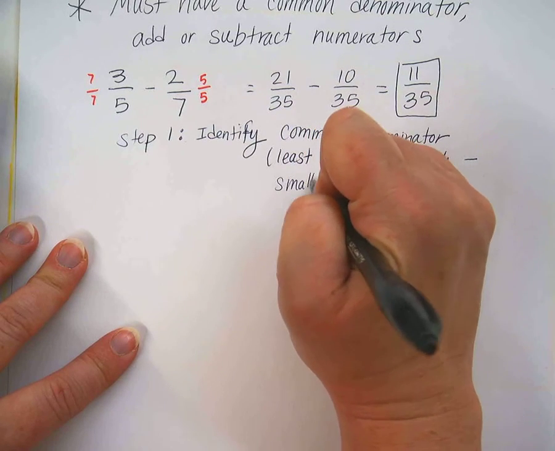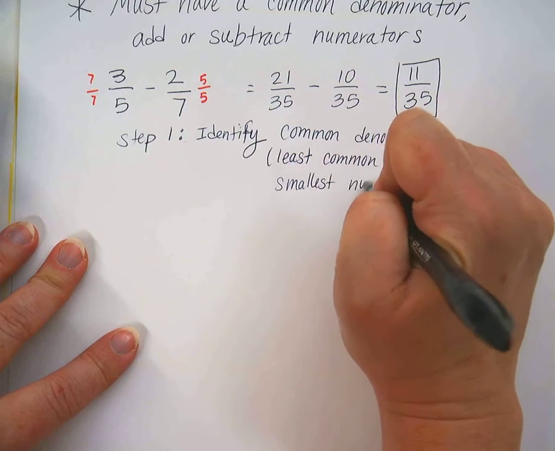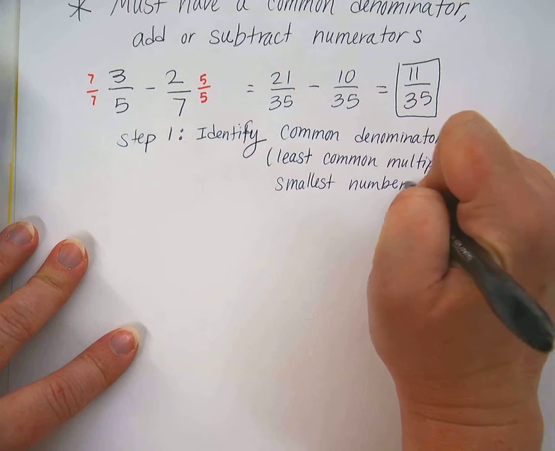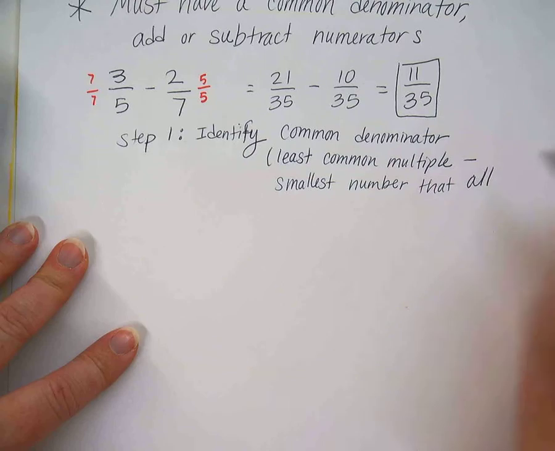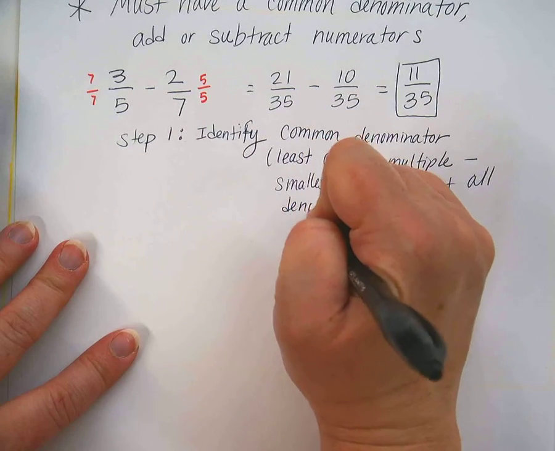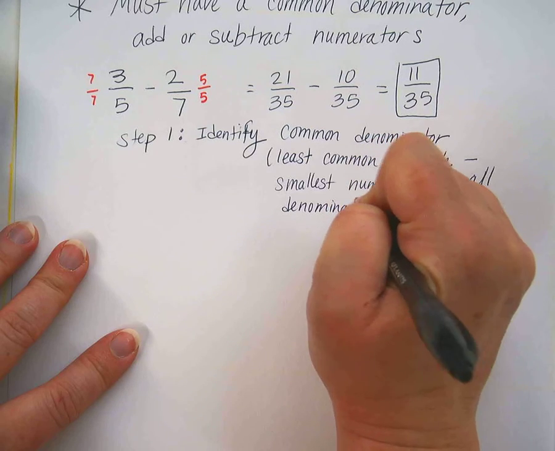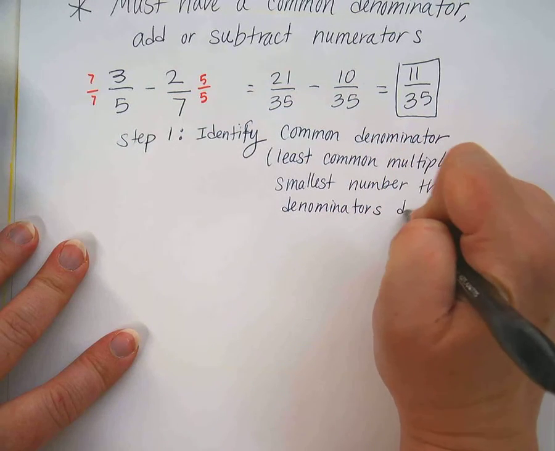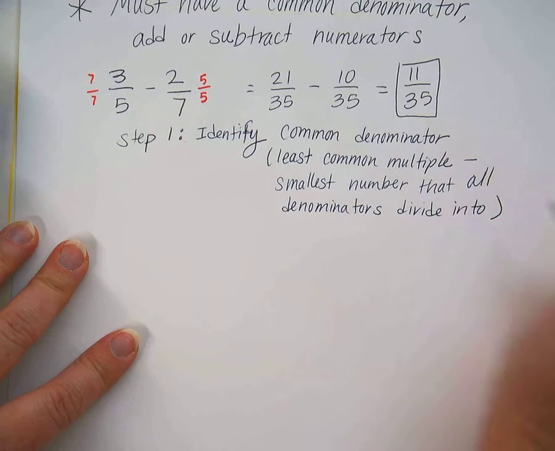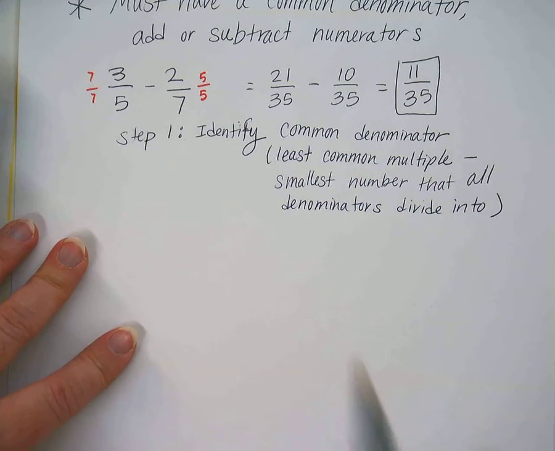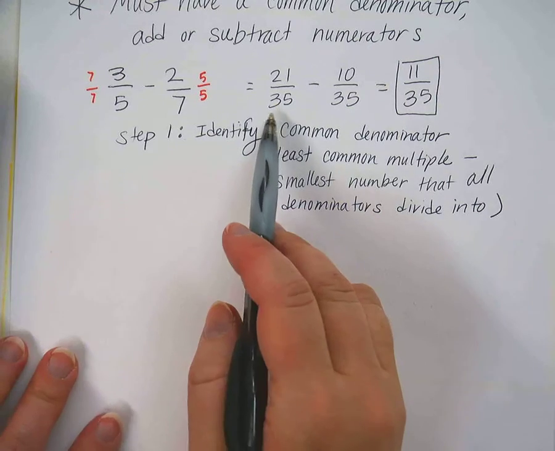Smallest number that all, we could say both, but sometimes there's more than one. Not on your assignment, but sometimes. Okay, so for example, did we have to use 35 or could we have used 70?